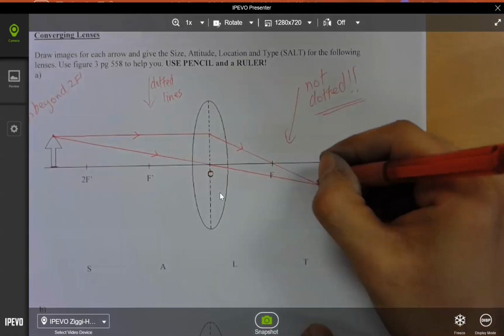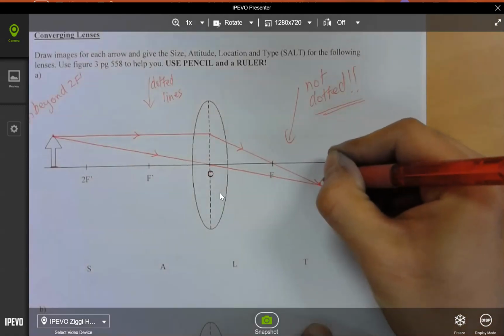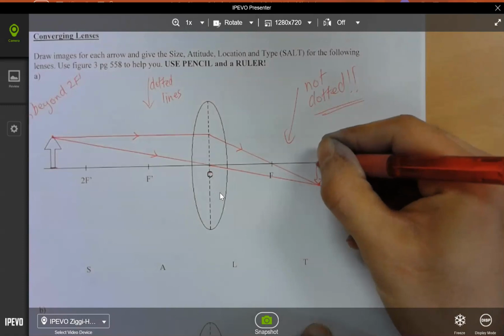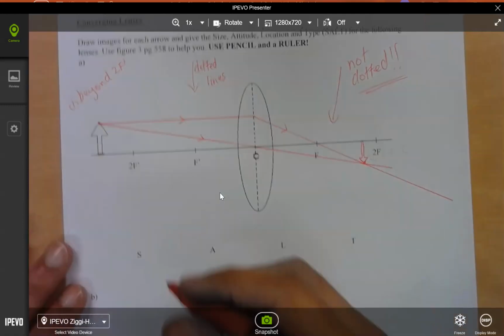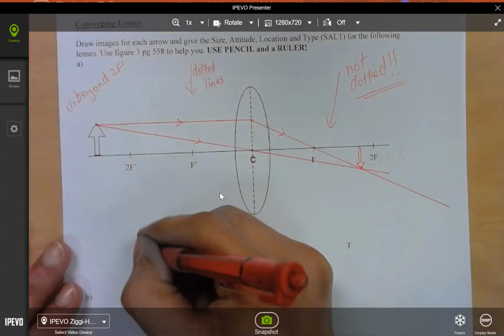And then we can draw our arrow. I don't want to be all fancy about this, but there, that's our arrow. We are also going to do SALT for these. So our size is diminished, or smaller.